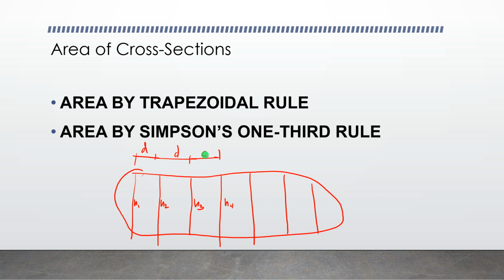So we determine the distance, determine the height at each strip, and using these two formulas, we can compute the cross-sectional area.